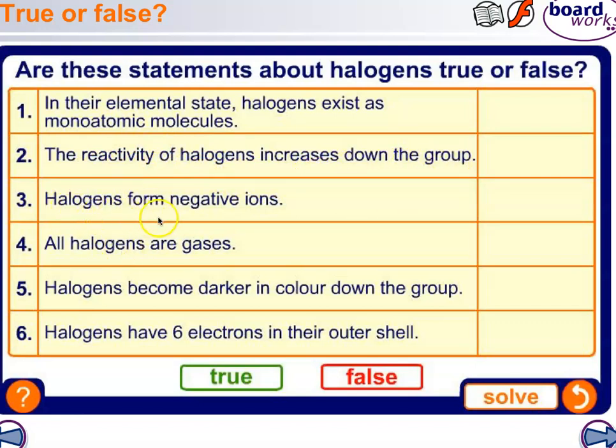Halogens form negative ions. 4. All halogens are gases. 5. Halogens become darker in color down the group. And 6. Halogens have 6 electrons in their outer shell. True or false? I want you to pause the video and answer them in your book.